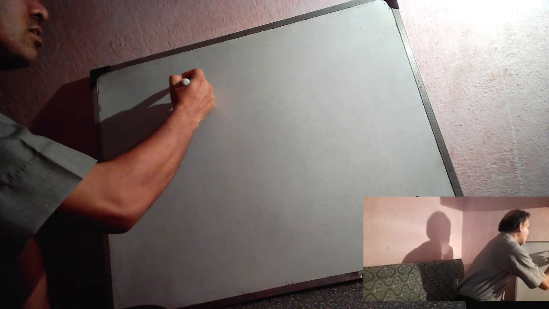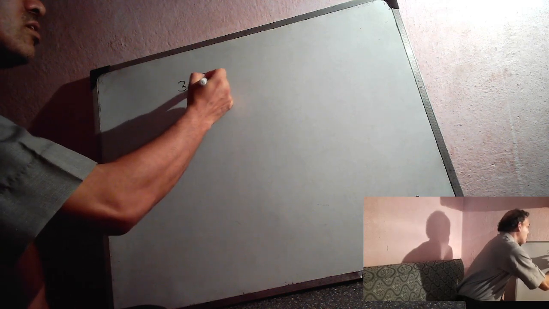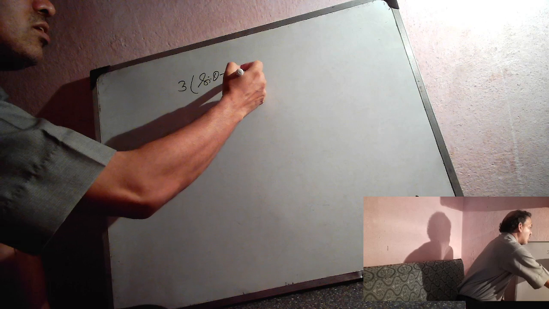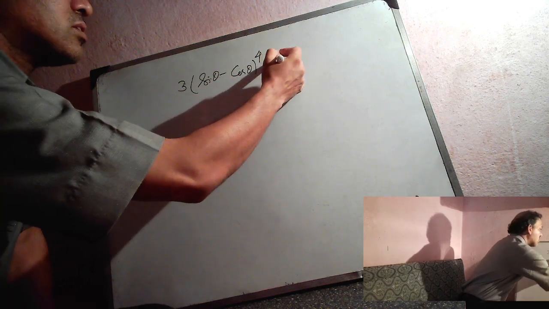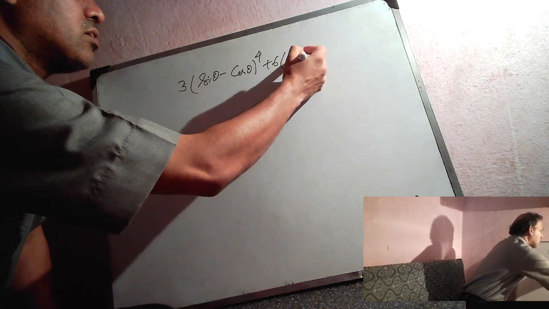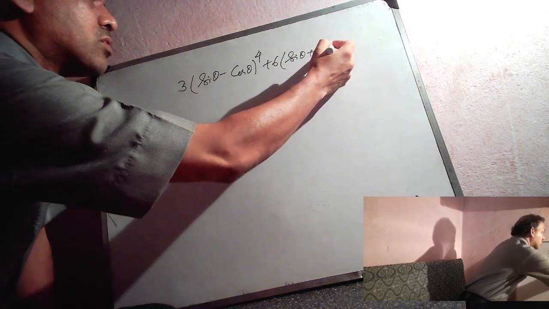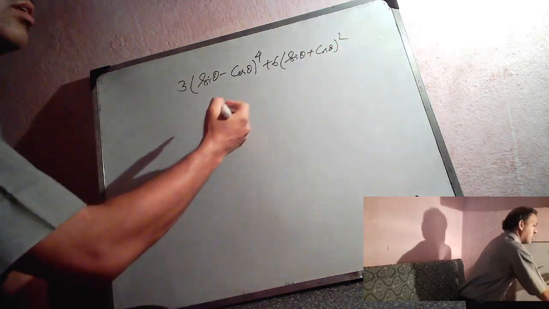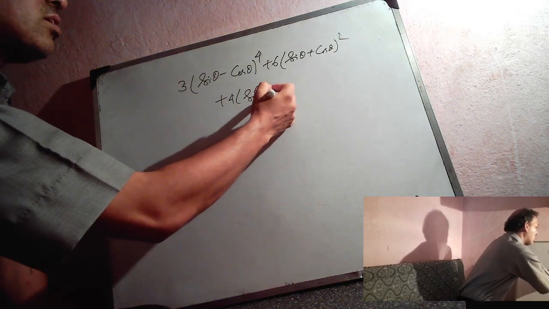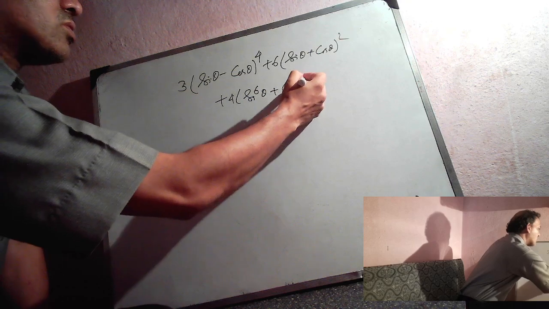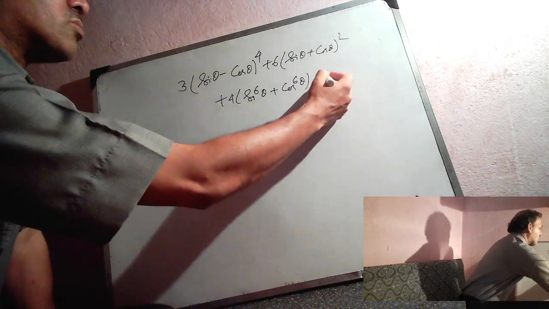What is the value of 3(sin θ − cos θ)^4 + 6(sin θ + cos θ)^2 + 4(sin^6 θ + cos^6 θ)?